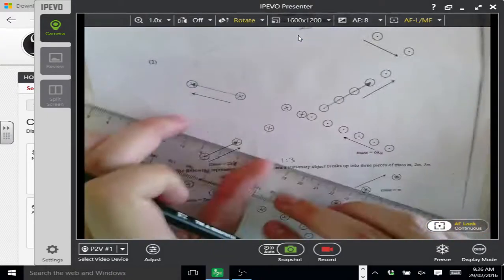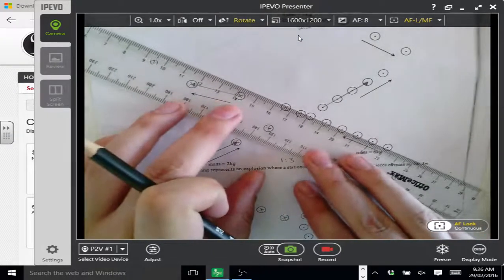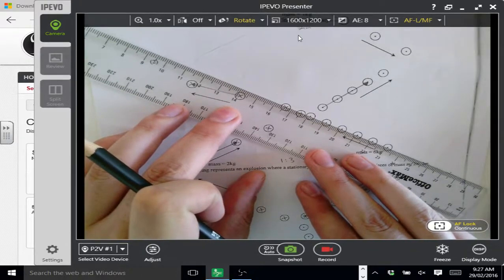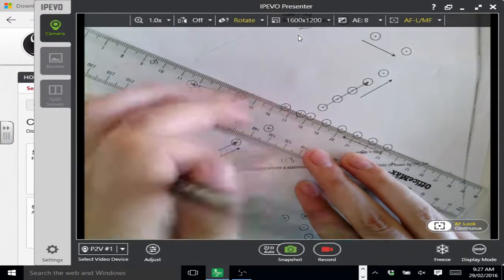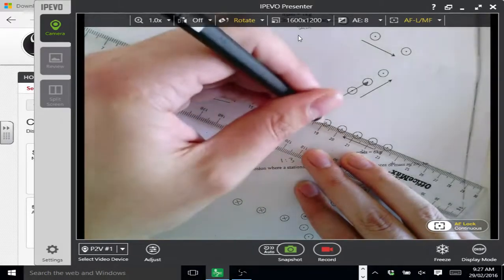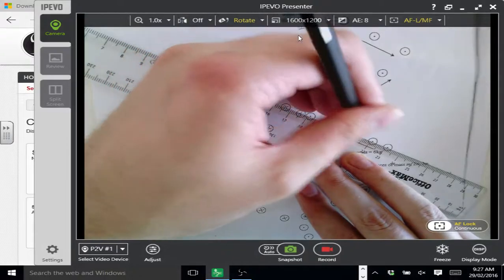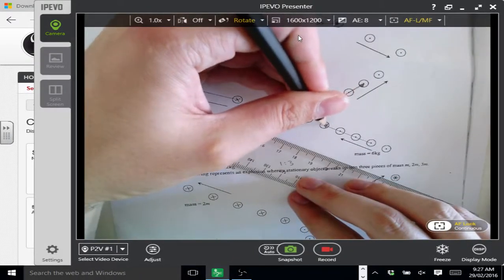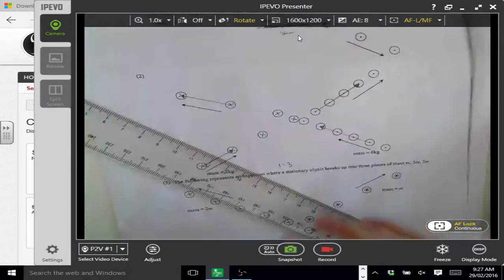All right, likewise. Okay. So 1, 2, 3, and that's going towards the collision. All right. Okay.